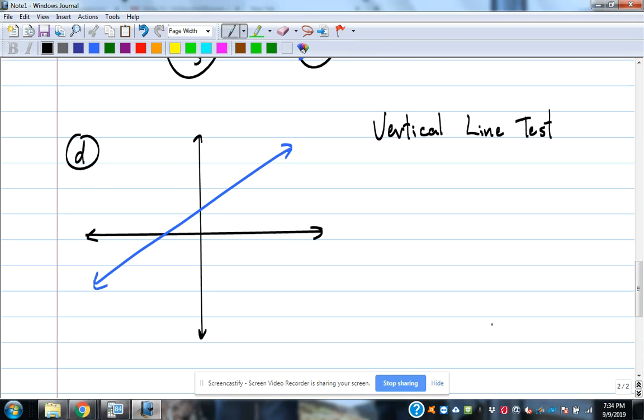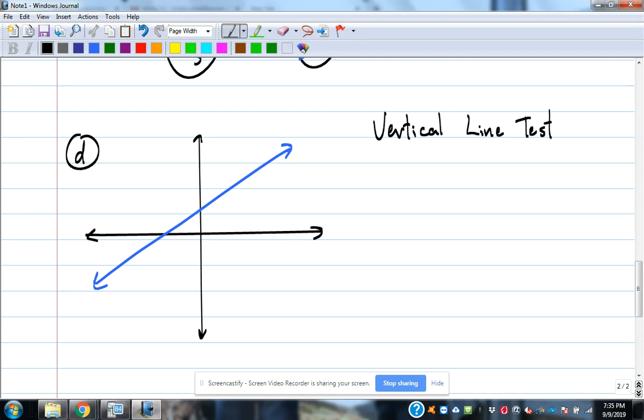The vertical line test checks for repeated x values. What you do is take a vertical line and lay it anywhere on the graph. You try to find a place where it touches the graph in two places. If it touches in two places or more, then it fails and it's not a function.